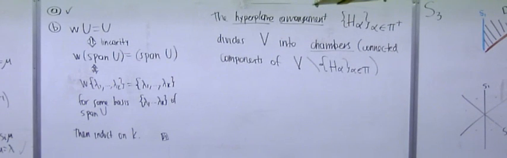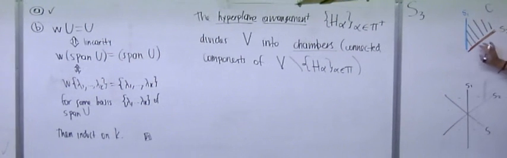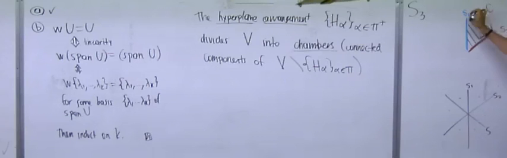Now there's one chamber that we understand quite well by now, which is, well, D is the fundamental domain. It includes the borders. But remember that initially I defined C to be this chamber without the borders.